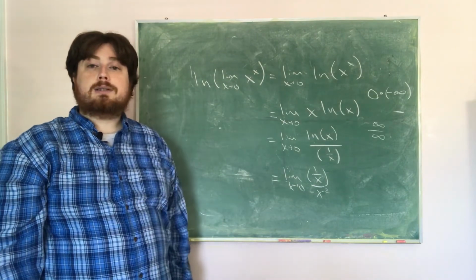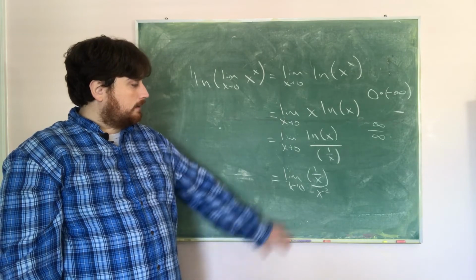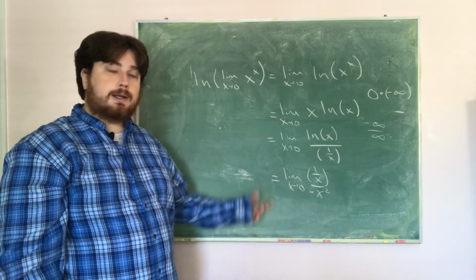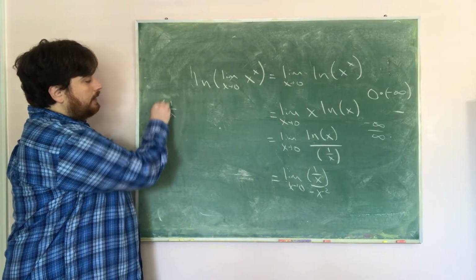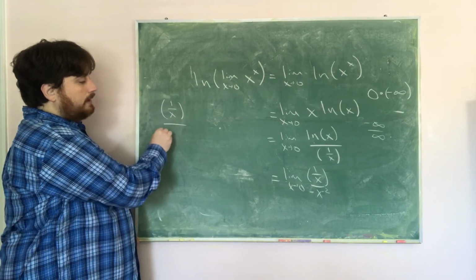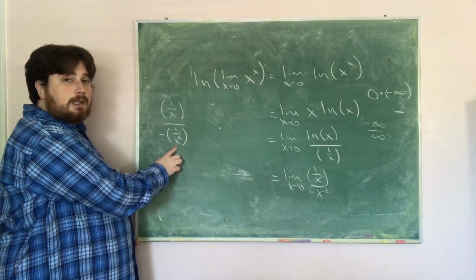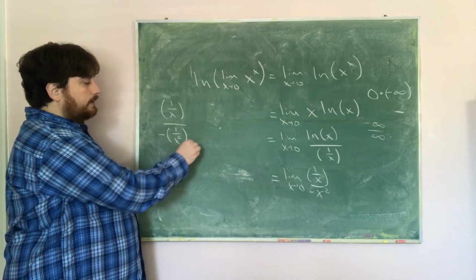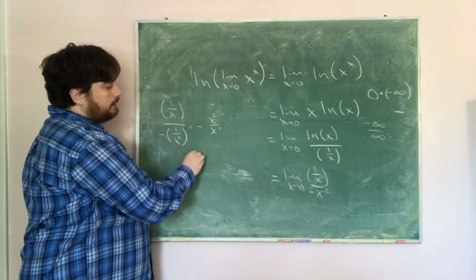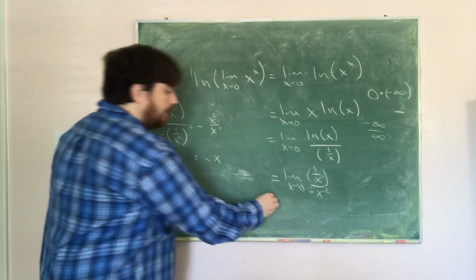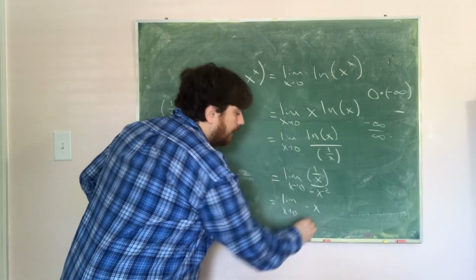So we get 1 over x over negative x to the negative 2. Now, that still looks complicated, but I can actually simplify this. I'm just going to go off to the side and say 1 over x divided by negative 1 over x squared, which is the same as negative x to the negative 2. If I divide by a fraction, I multiply by the reciprocal, so I get negative x squared over x, which is just negative x. So what I get is the limit as x goes to 0 of negative x.